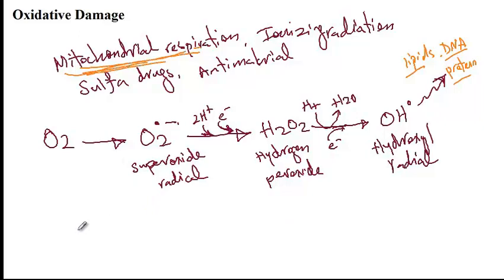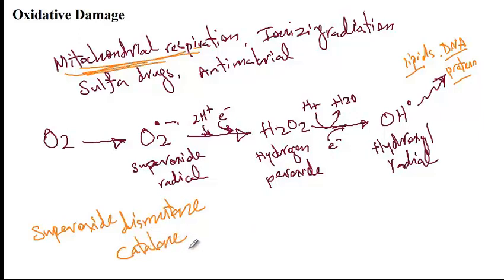For instance, the superoxide dismutase enzyme helps convert the superoxide radical into H2O2. And then hydrogen peroxide can be broken down by two different enzymes: catalase, and the other enzyme is glutathione peroxidase.